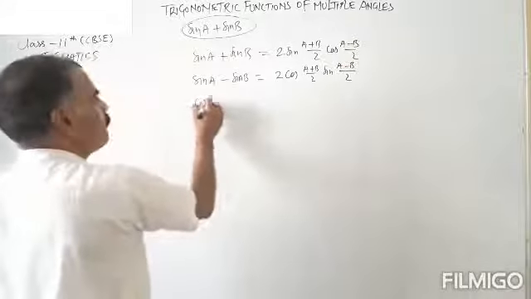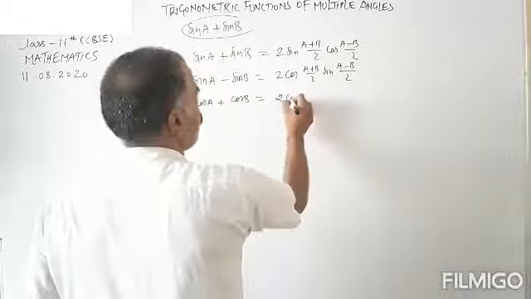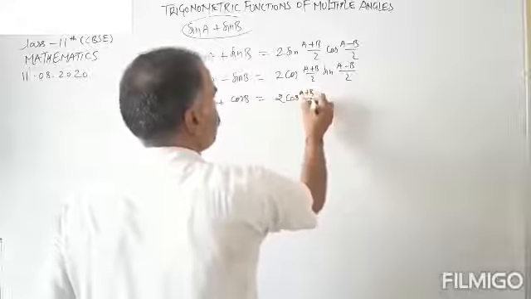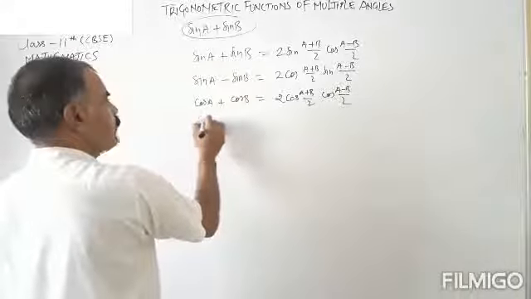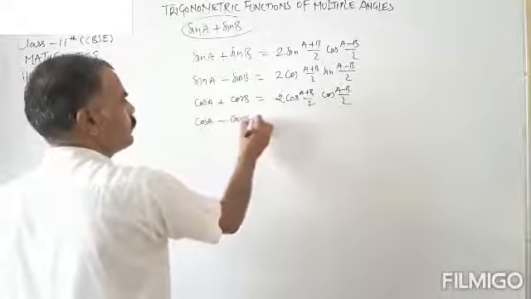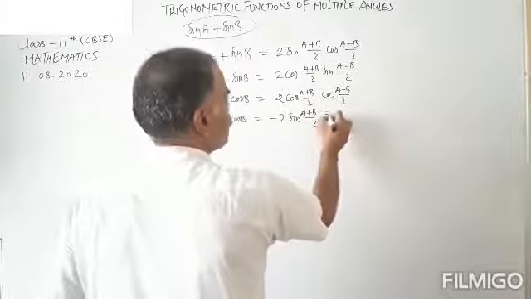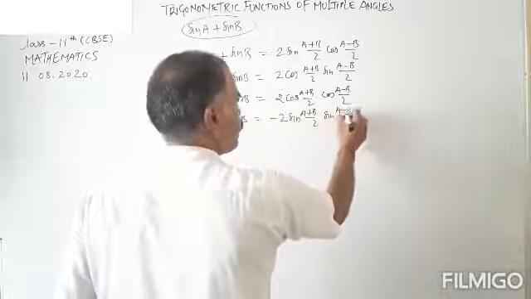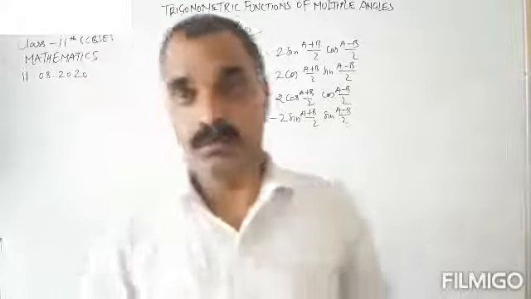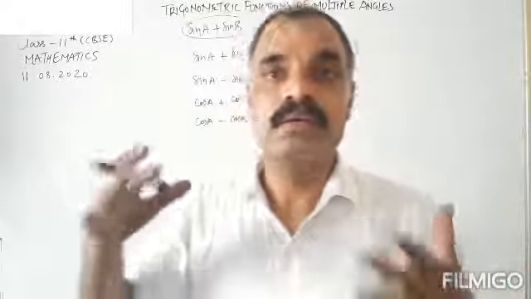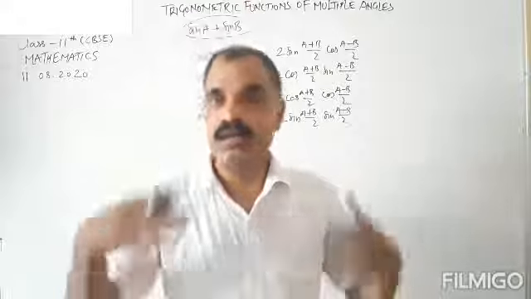Then cos a plus cos b equals 2 cos (a plus b) by 2 cos (a minus b) by 2. And cos a minus cos b equals minus 2 sin (a plus b) by 2 sin (a minus b) by 2. So these are the 4 identities. I have proved only the first identity, and the other identities you can prove on your own.